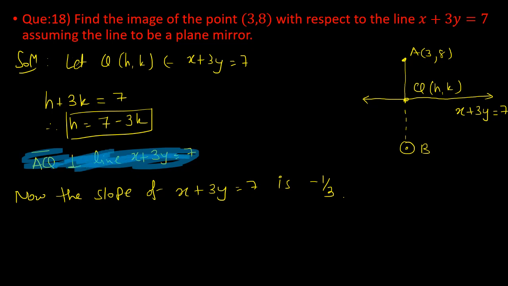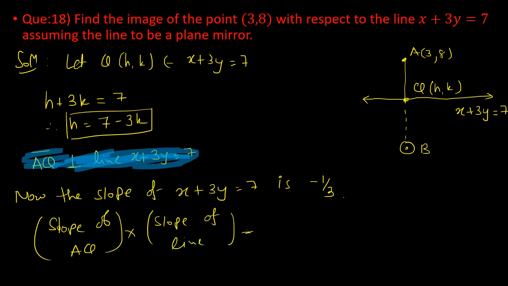Now let me use this result of two perpendicular lines. So slope of AQ into slope of this line is equal to minus 1, which implies slope of AQ into this slope, minus 1 by 3, is equal to minus 1.